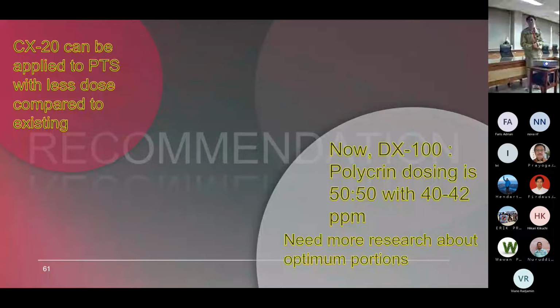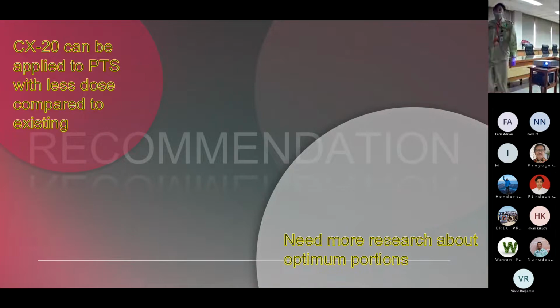So our recommendation would be to do further research about either the optimum portion mixing of these two antiscalants or the additional injection dose. So I believe that will be the end of our presentation.